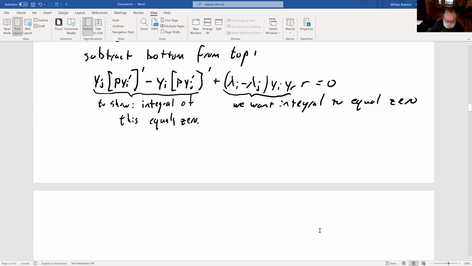So what do we have then? We have lambda j minus lambda i, yi, yr, no, don't know why that's an r, that should be a j. Oh, wait, I think the undo button actually does work.